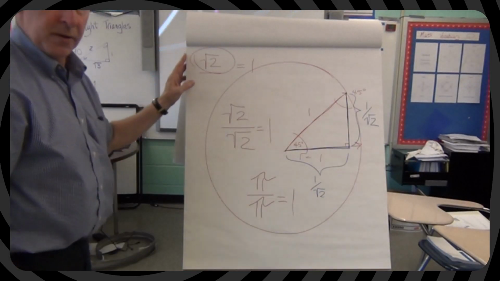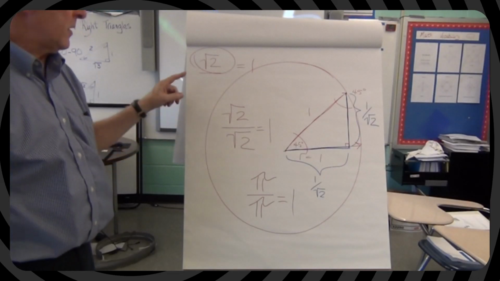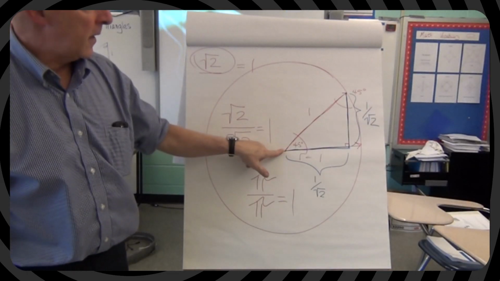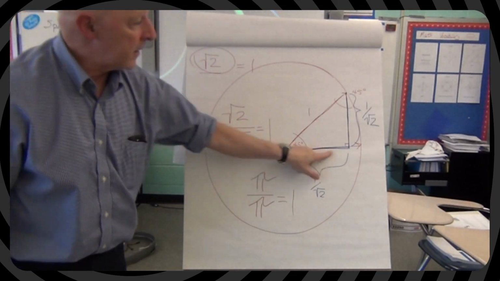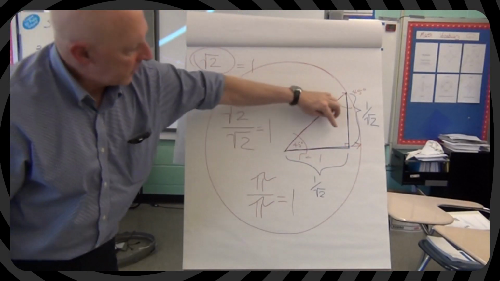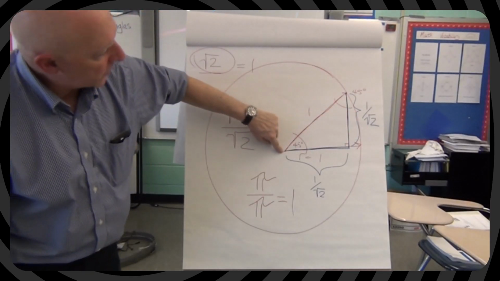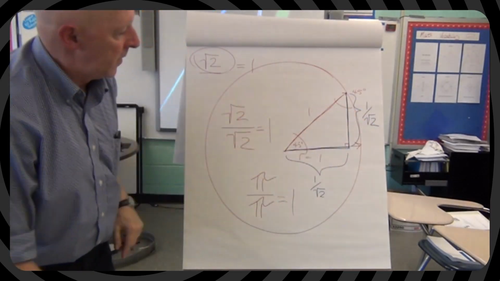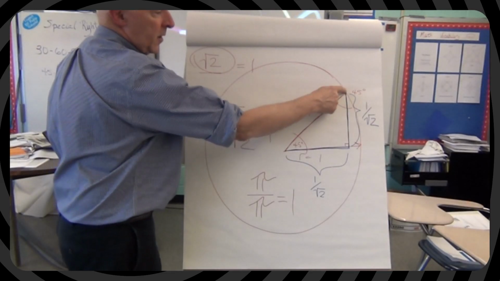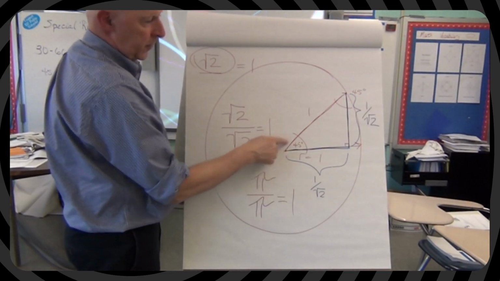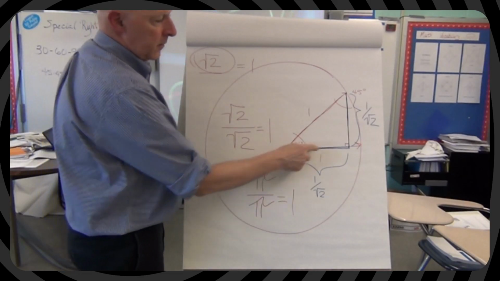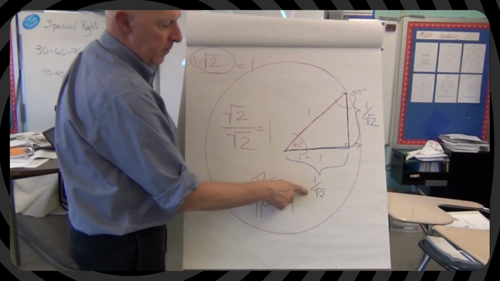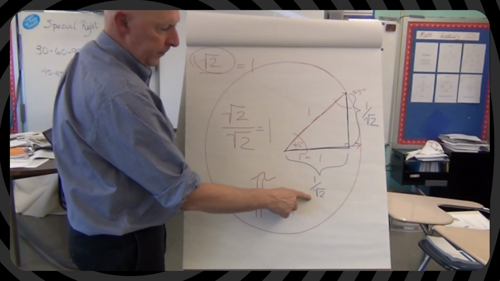All right, I switched easels. In this case, here is our isosceles right triangle in a unit circle. The circle has a radius of 1. This value, the leg of this triangle, is shorter than the radius, but the hypotenuse is a radius for the circle. So this length is 1. What we said earlier is that means that the legs have a value of 1 divided by the square root of 2.